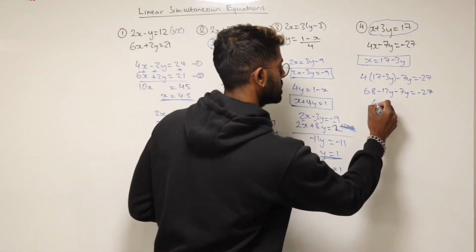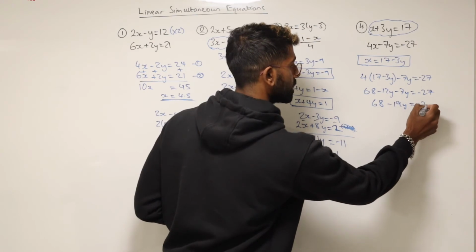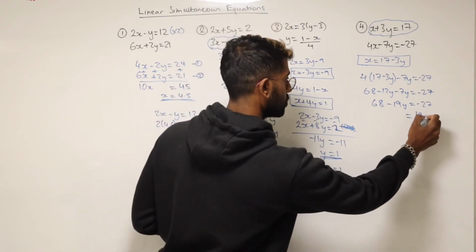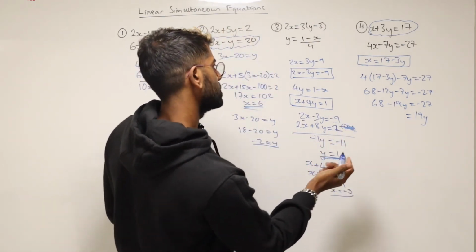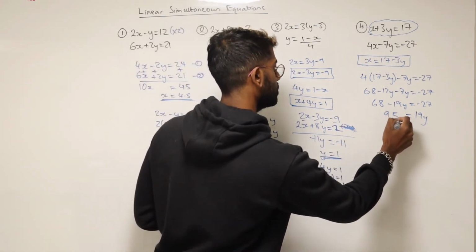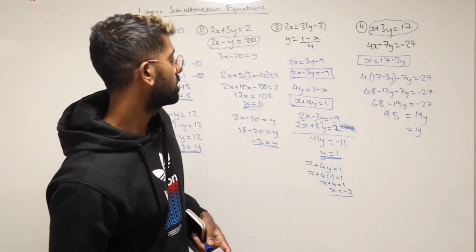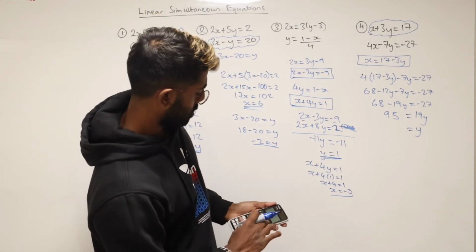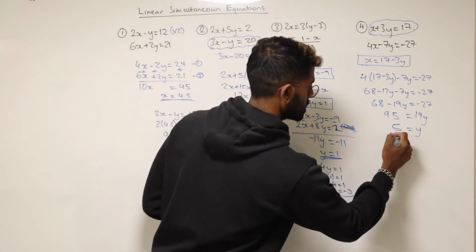That's going to be 68 minus 19y equals minus 27. Send that over there, so we'll have 19y, and bring this over here, that's going to be 95. Okay, and then divide that by 19. So 95 divided by 19, what's that going to be? It's just 5, perfect, very nice.